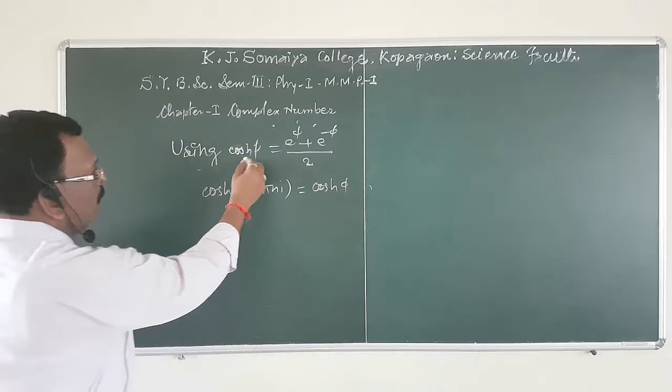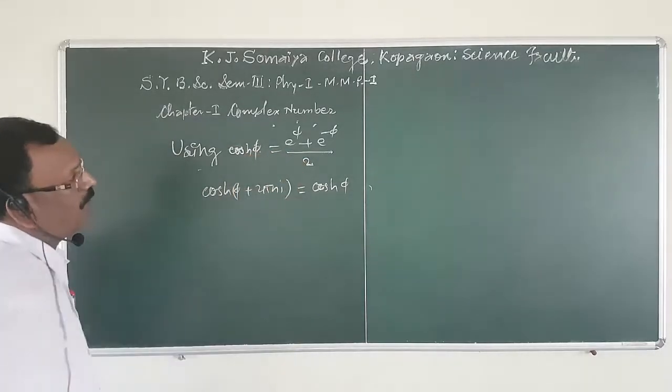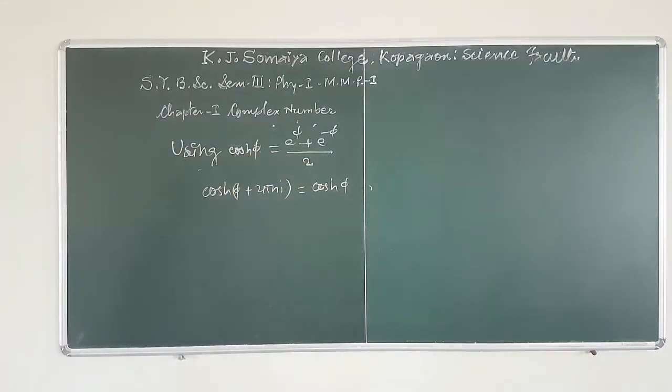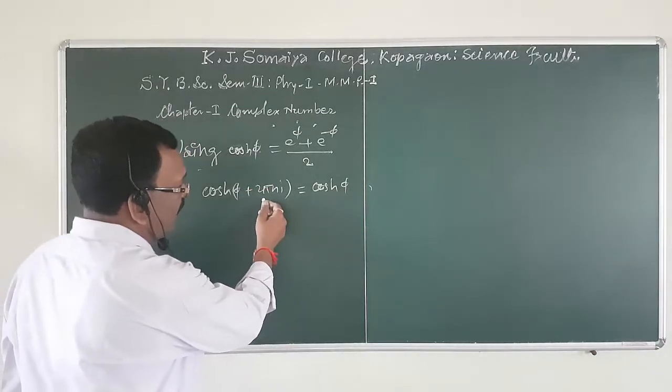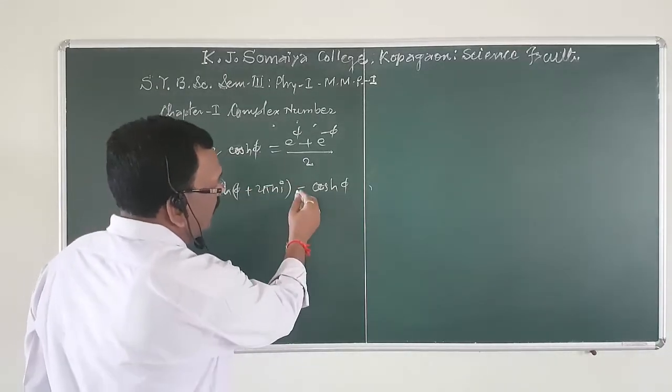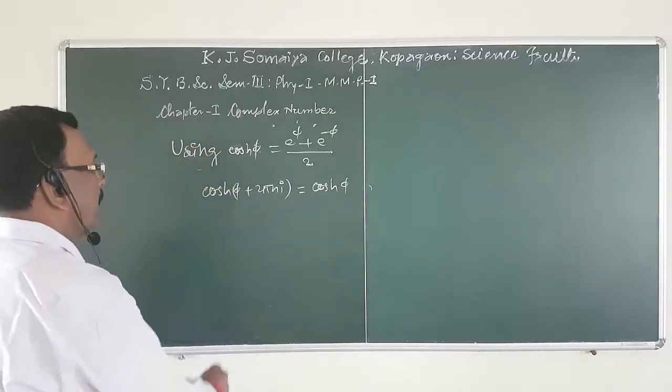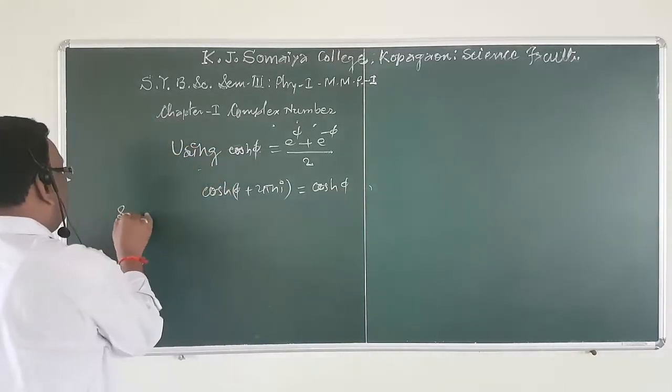By using the value of cos phi, that is e raised to phi plus e raised to minus phi upon 2, we have to show that cos in bracket phi plus 2 pi n I is equal to cos phi. Okay, we have the solution.